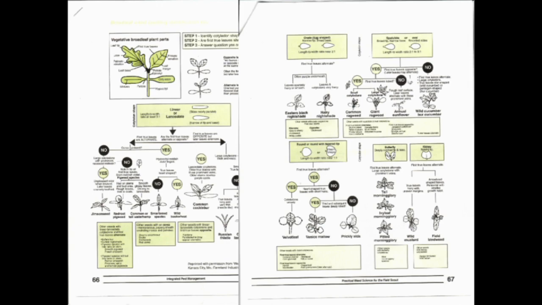So I think what I'd like to do with some of these plant samples here is go through an example of some of the cotyledon shapes. Why don't we start off with the morning glory?